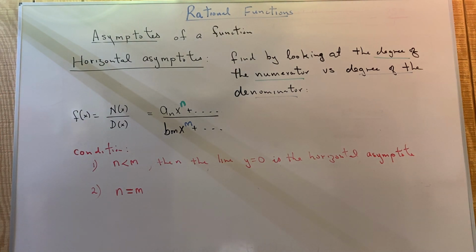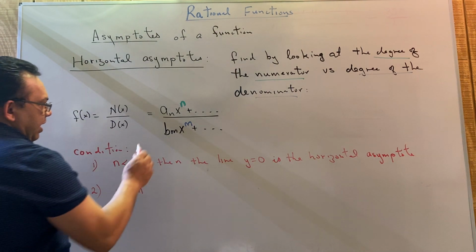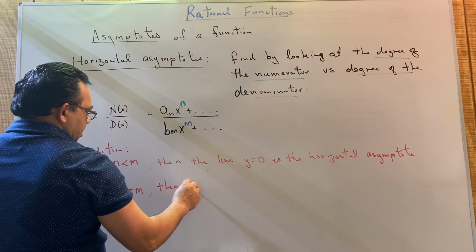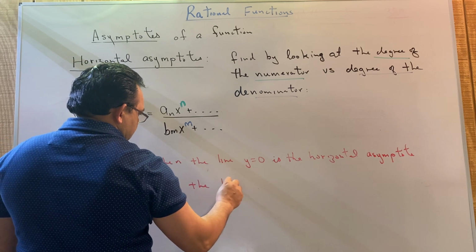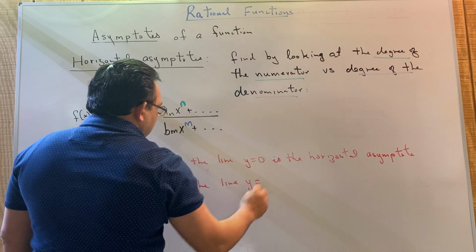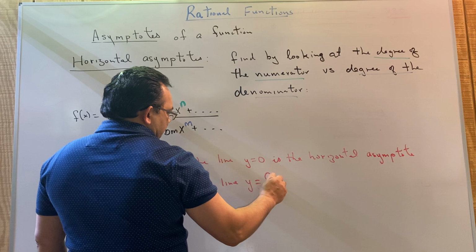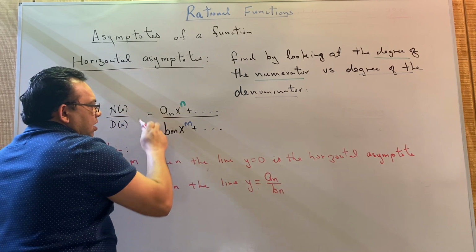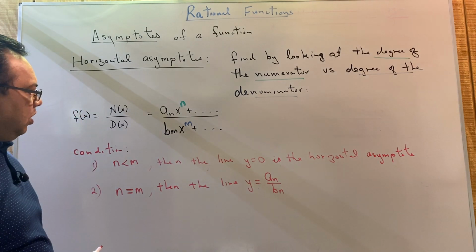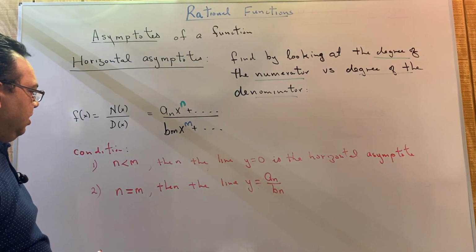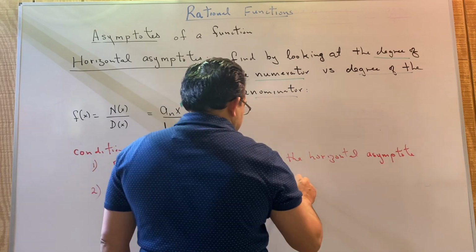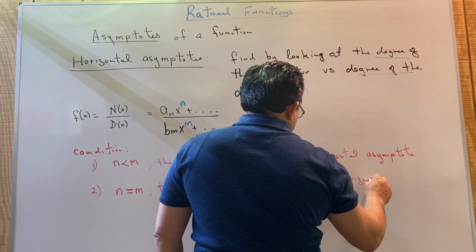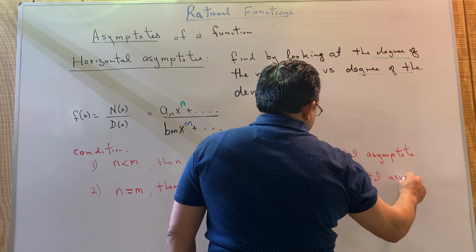Well, when they're equal, if the powers are the same, then the line y equals an divided by bn, the quotient of the coefficients, is the horizontal asymptote.